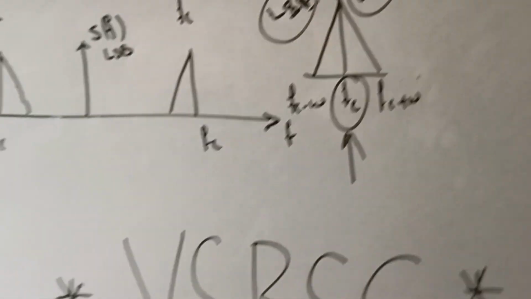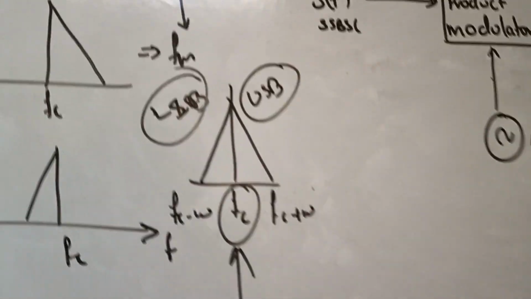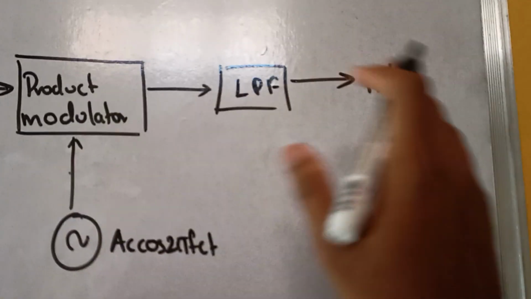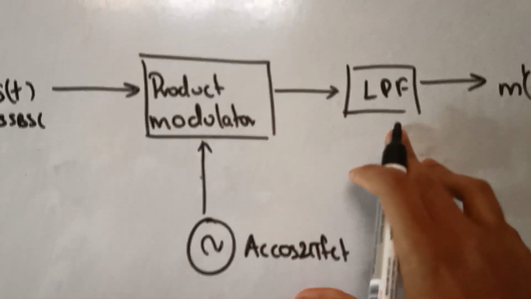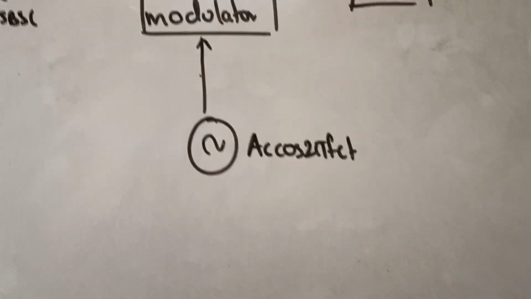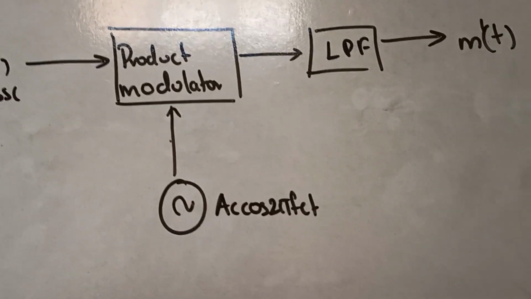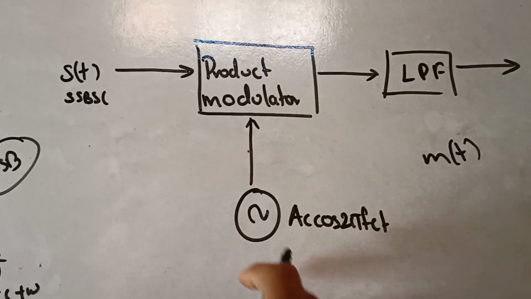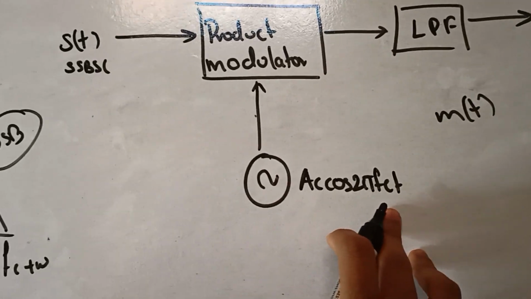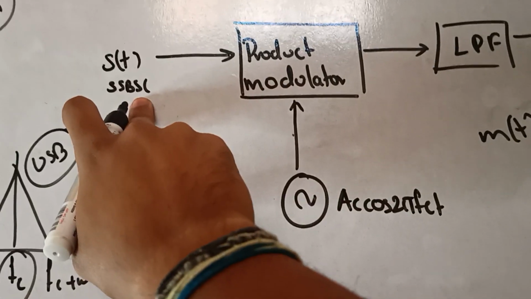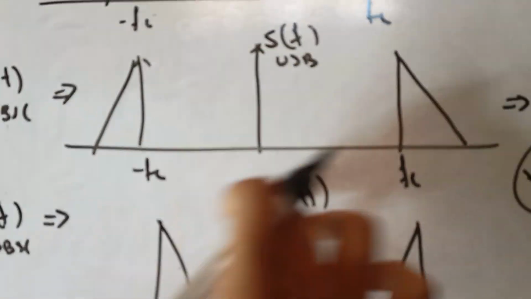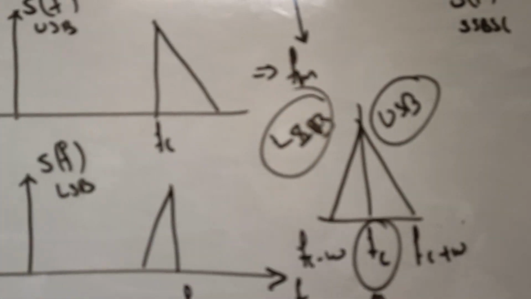Even if we send the single sideband suppressed carrier modulated signal over the channel, at the receiver there is a demodulator circuit. At the receiver, after multiplying with the local oscillator AC cos 2 pi FCT with the single sideband suppressed carrier, we are going to pass the sequence through the LPF.